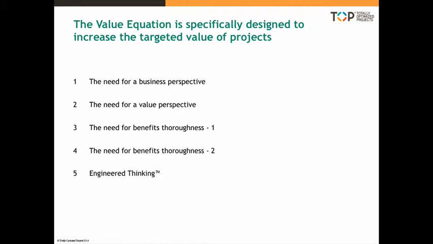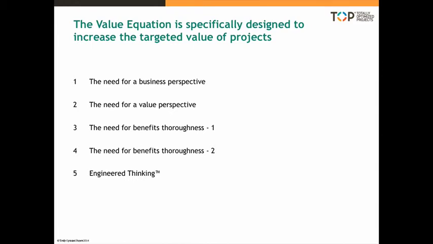And the 5th area is engineered thinking. See, the brain is a wonderful instrument, but too often we work against it rather than with it. Engineered thinking, which is built into the value equation, simulates how the brain works. The brain works in pictures, so the value equation seeks to describe the future in descriptive outcome statements so they can be visualized.